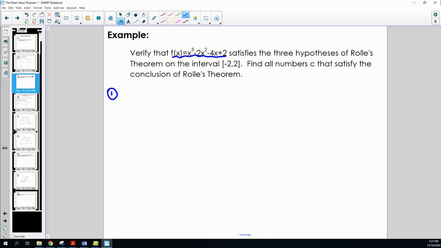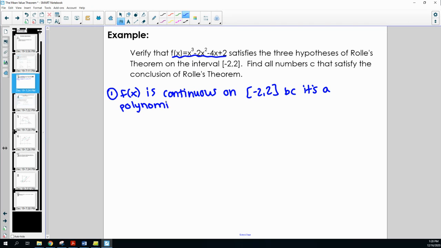So the first hypothesis is we have to see, is it continuous? Well, this type of function is a polynomial. All polynomials are continuous. So on the interval from -2 to 2, this is continuous. So we can say that f of x is continuous on -2 to 2, because it's a polynomial.